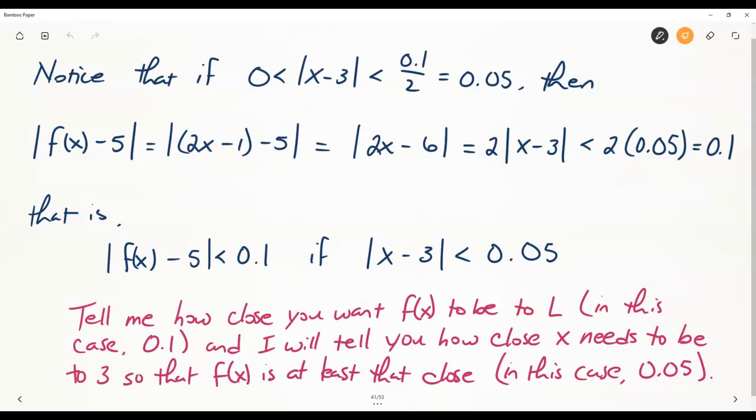So, like on a test, the problem might say, use the epsilon delta definition of a limit to prove, and I'll give you a very simple limit to prove. I'm asking you to do exactly what we're about to do on this next step.